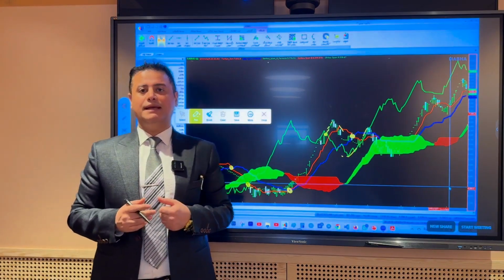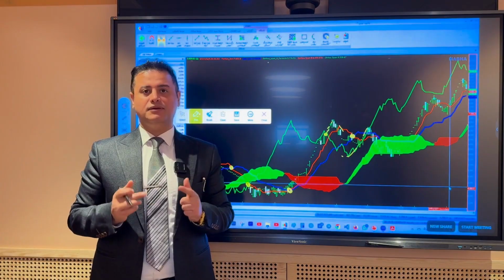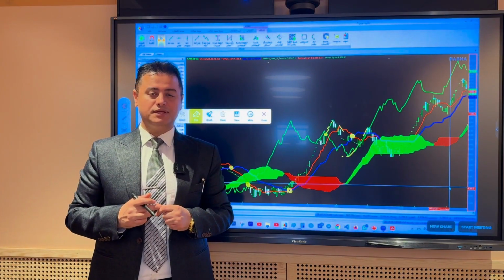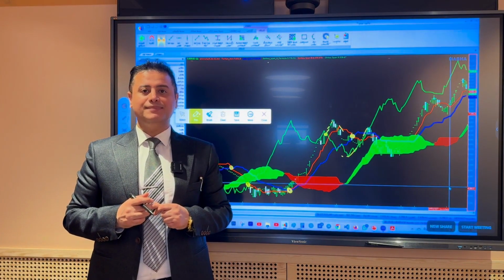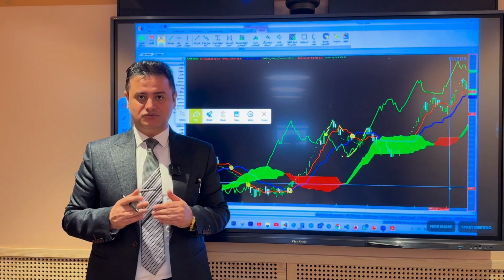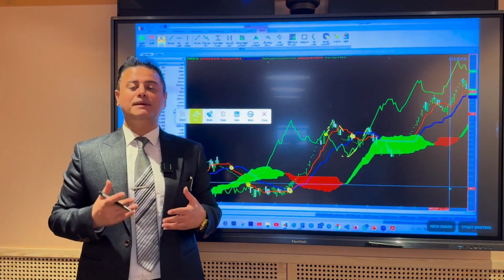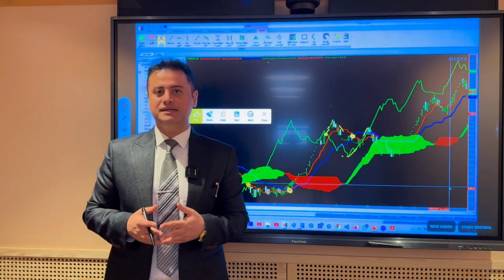Now, what are the signals that give us buy and sell? To receive buy and sell signals from this method, I need to make a comparison. If we want to get a buy and sell signal, it goes like this.